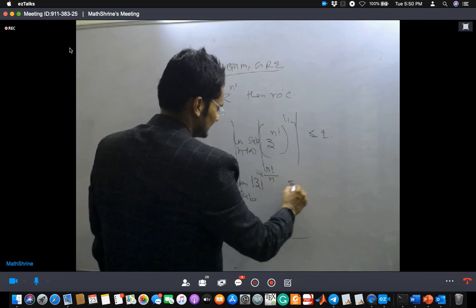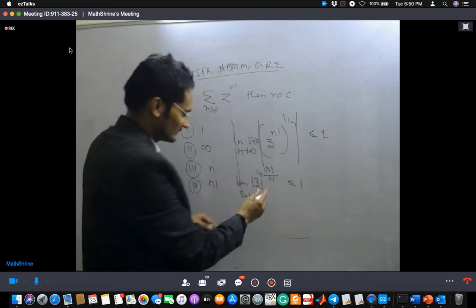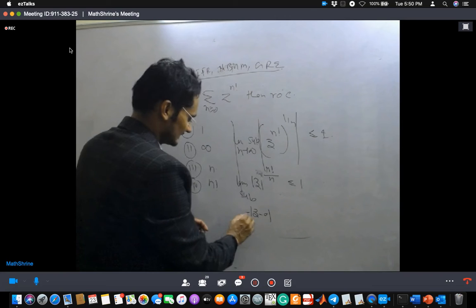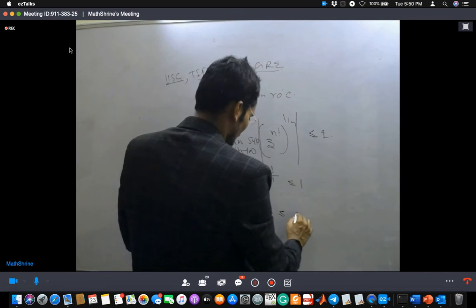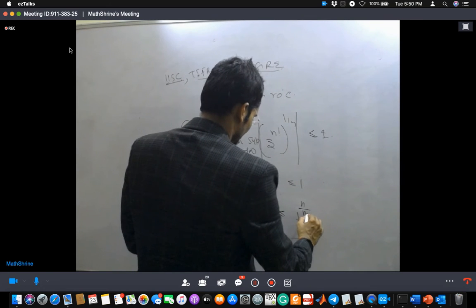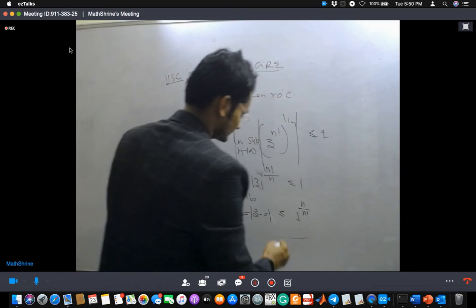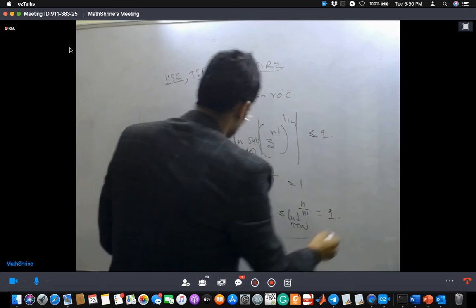For this, we have to calculate the distance from 0, so keep it here: |z minus 0|. This will come out as our radius of convergence. This is less than or equal to 1 raised to the power n by n factorial, which is simply 1. So the first answer is correct.